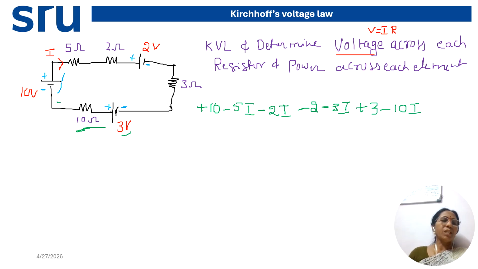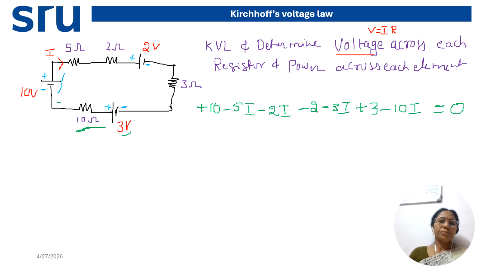So how many elements? 1, 2, 3, 4, 5, 6, 7. 7 elements means you will get 7 voltages. Now look at this, 1, 2, 3, 4, 5, 6, 7. So the algebraic sum of the 7 element voltages equals 0. Now simplify this: 10 minus 2 plus 3, so it is 13 minus 2, it is 11.